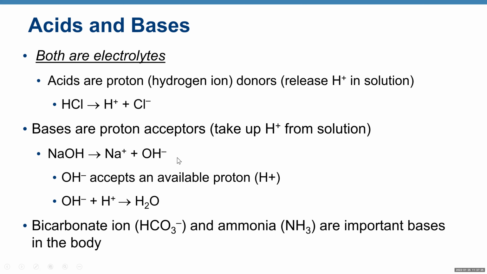So if acids dissociate, then you will increase concentration of hydrogen in the solution. If you have a base, the base will dissociate and accept hydrogen from solution, so concentration of hydrogen will decrease. So bicarbonate ion and ammonia are important bases in the body.